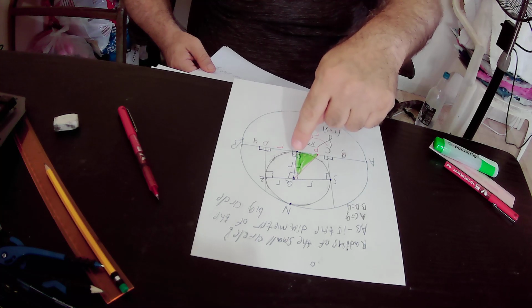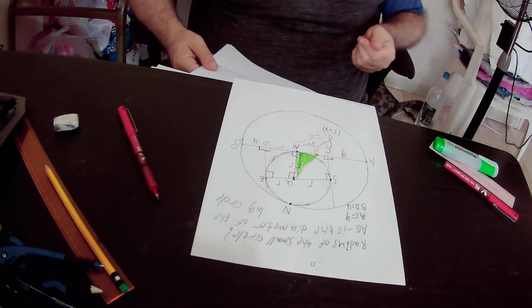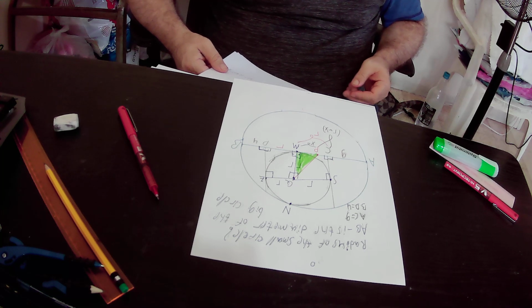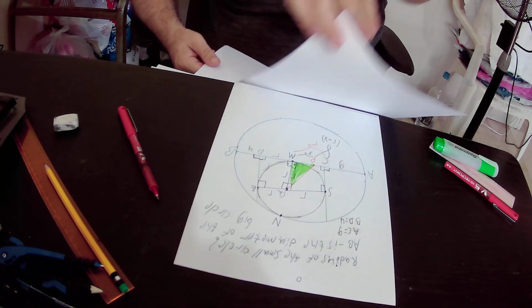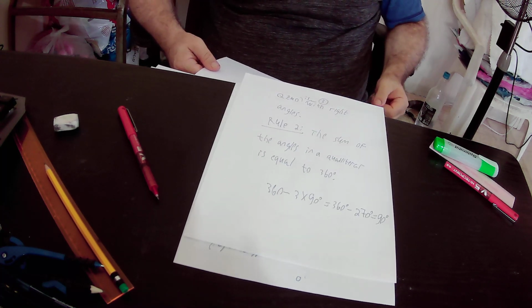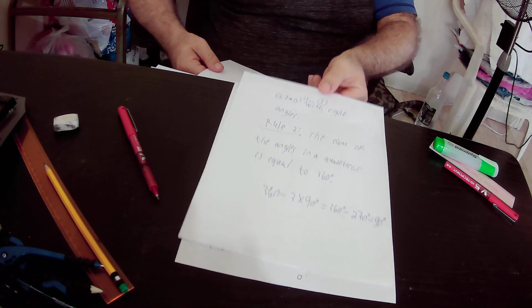This is a right angle, this is a right angle, and this is also a right angle. So according to rule number 2, the sum of the angles in a quadrilateral is equal to 360 degrees.